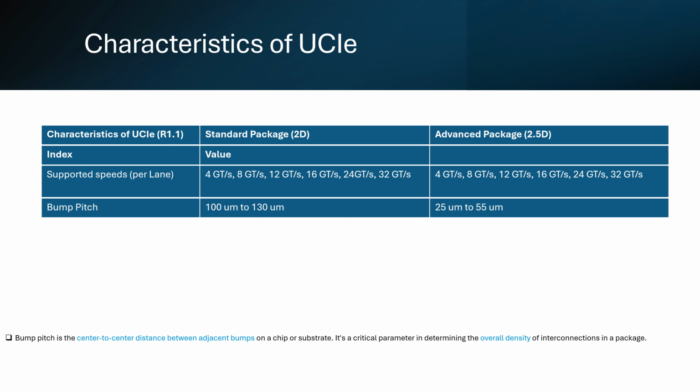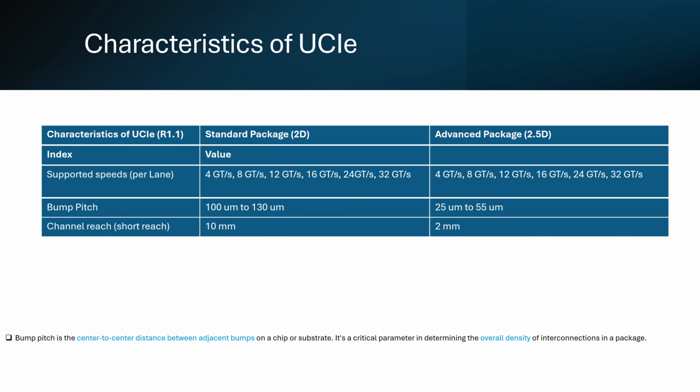So what is bump pitch? It is the center to center distance between adjacent bumps on a chip substrate, which is fixed. It's a critical parameter in determining the overall density of interconnections in a package. This is exactly the reason the standard package allows 16 lanes, whereas the advanced package allows up to 64 lanes. Because we have microbumps, it allows more density, more interconnections.